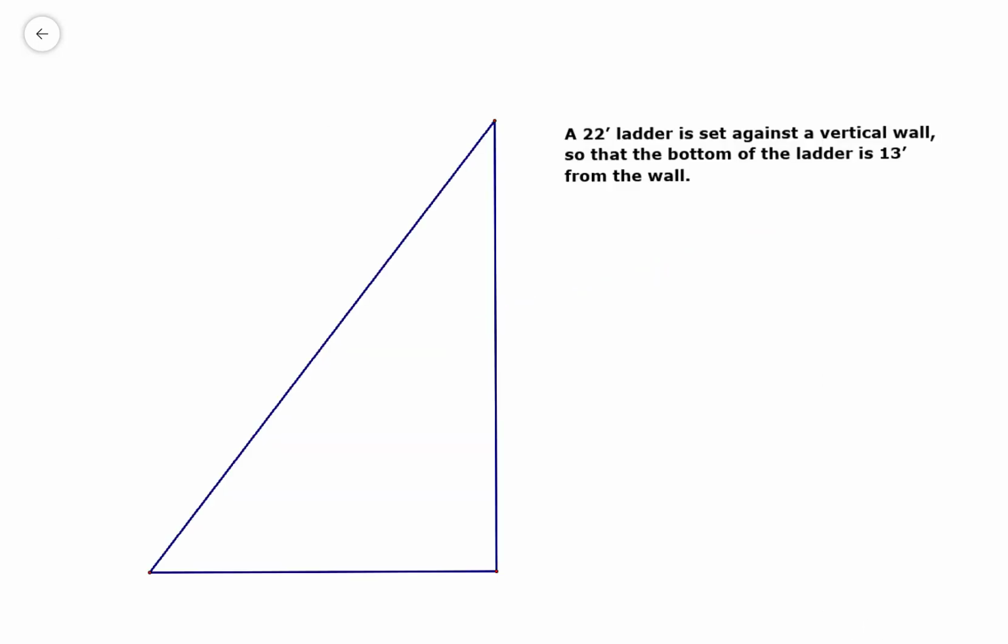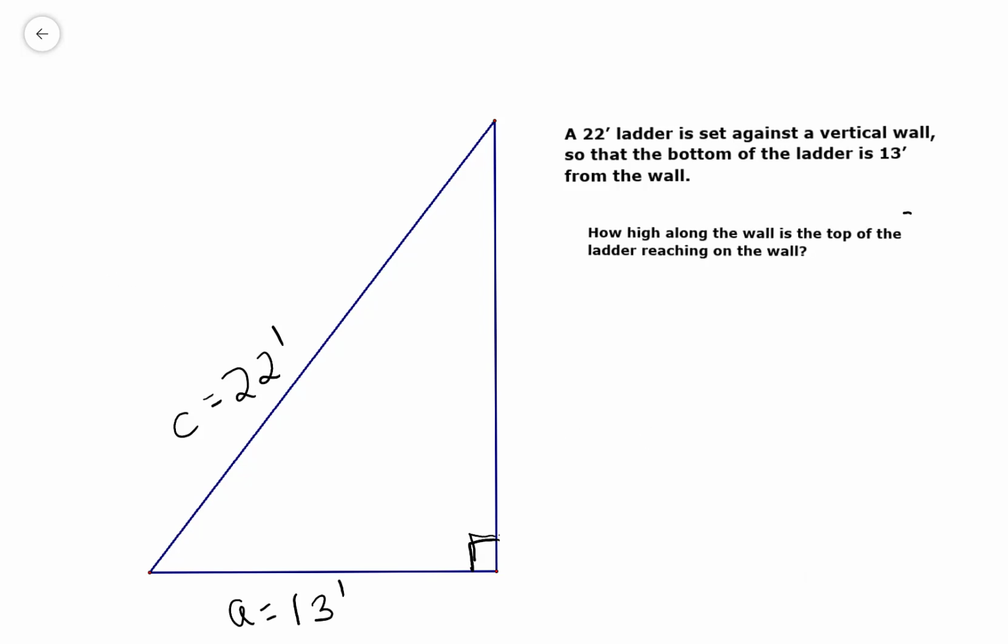On the other hand, we have the situation that we've got a 22-foot ladder that is set against a vertical wall, and the bottom of the ladder is 13 feet from the wall. So here we have a = 13 feet and c = 22 feet. We don't always have to take them as a and c. Say we want to know how high along the wall the top of the ladder reaches, that is, we want to know this portion b.